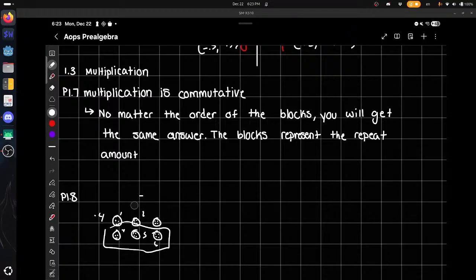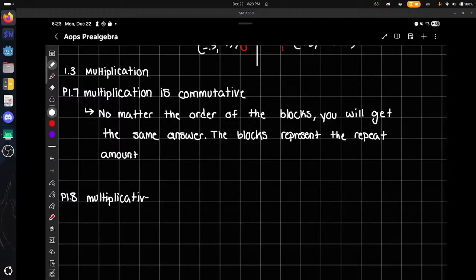So an answer for this would be, so multiplication is associative.